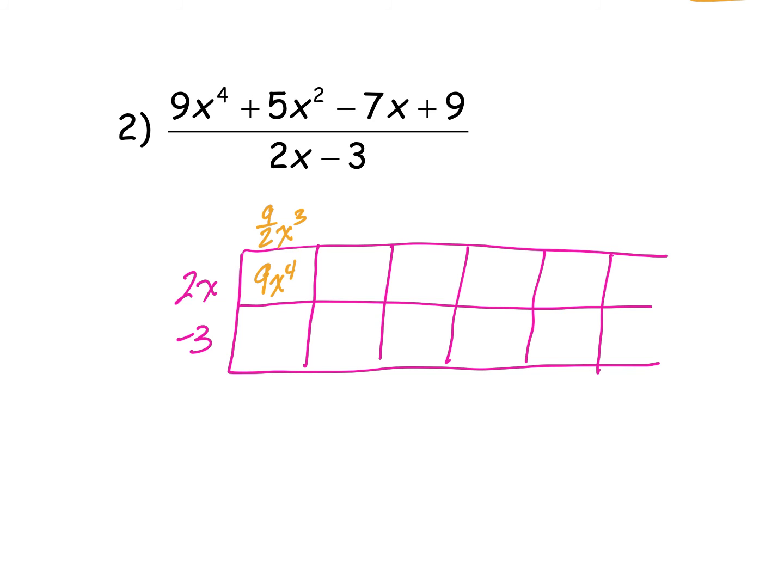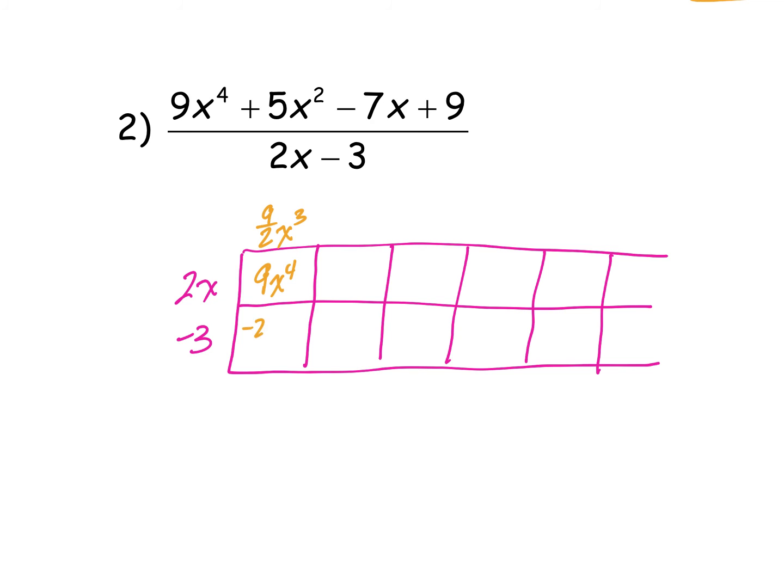What do I get when I multiply by negative 3? 9 halves times negative 3 gives me, anyone? What's 9 halves times negative 3? Negative 27 halves.